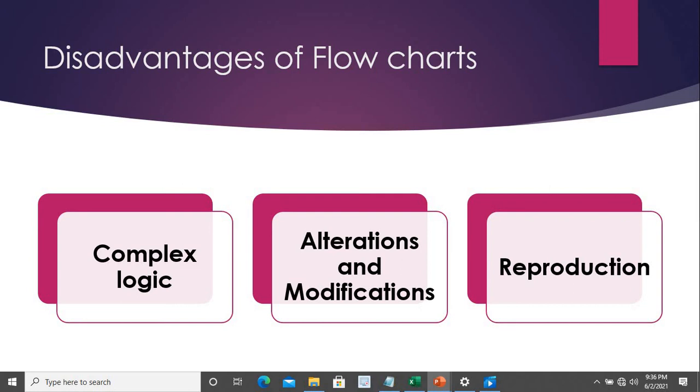Also, it is difficult for reproduction, as the flowchart symbols cannot be typed. The reproduction of flowcharts becomes difficult. So here we have completed the first module. In the next class we will start with the second module, that is programming in C and OOPS concepts.